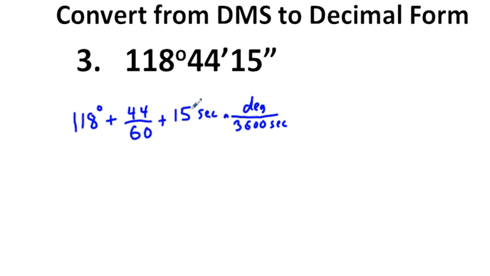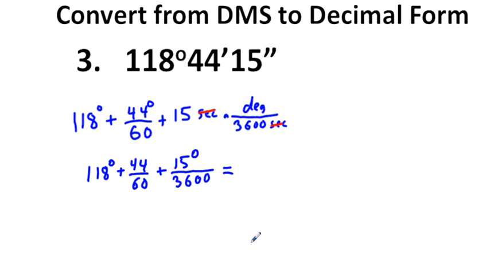So seconds over seconds cancel, and what we have left is 118 degrees plus 44/60ths of a degree plus 15 over 3,600, and that's going to be in degrees also.